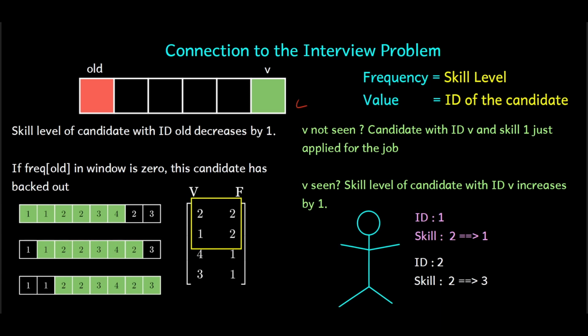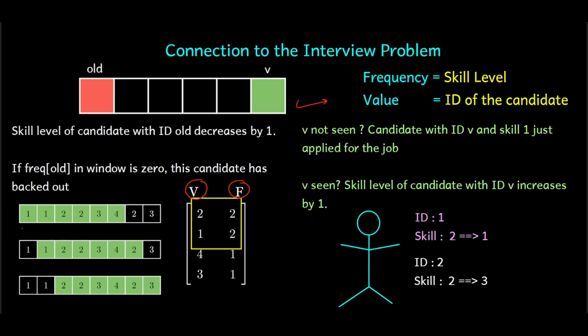Every time we see a value, so this value is 1, this value is 1, we are dealing with values and frequency. Now notice that to compute the answer for every subarray of length k, you can solve it in a sliding window manner.